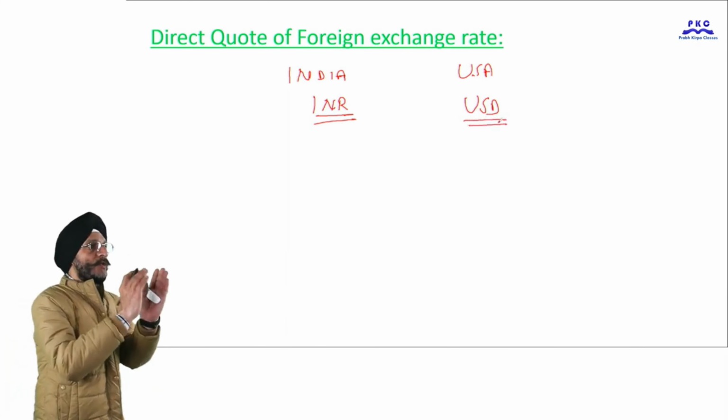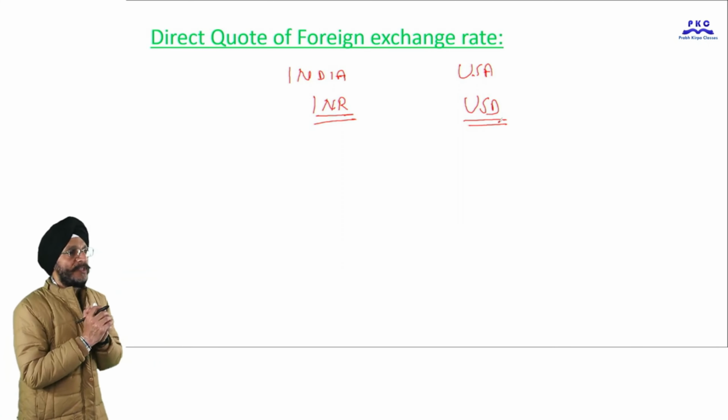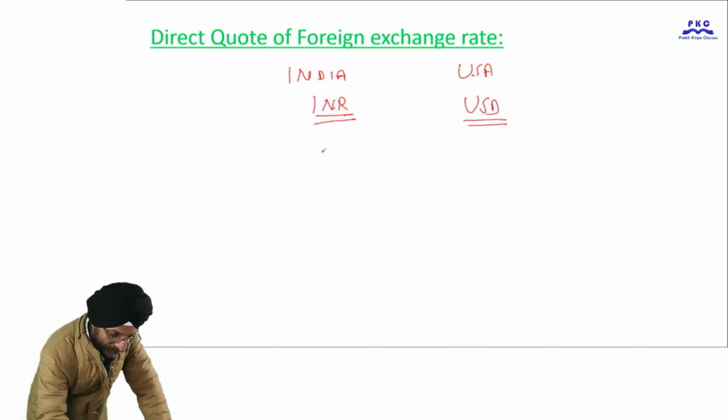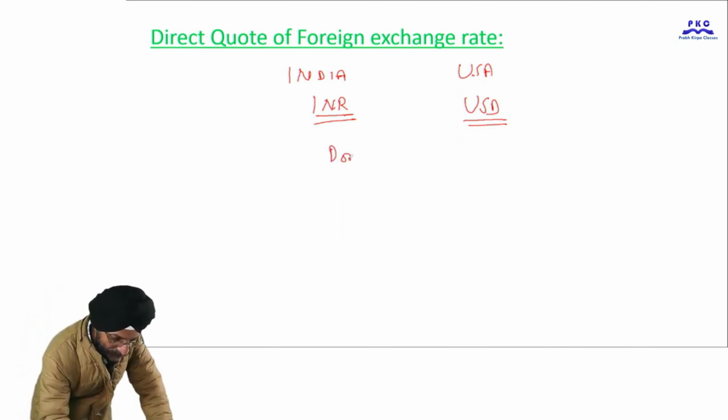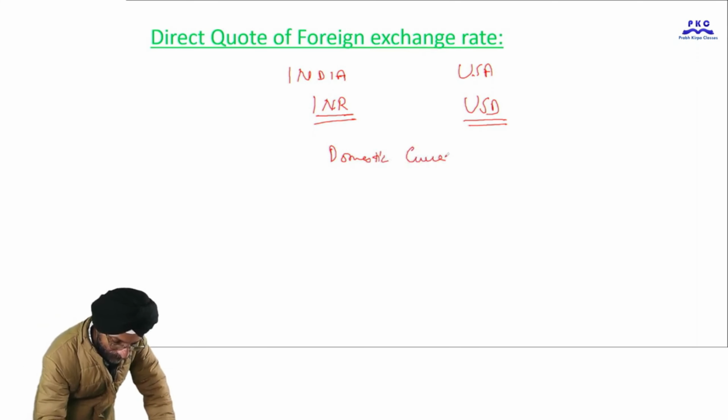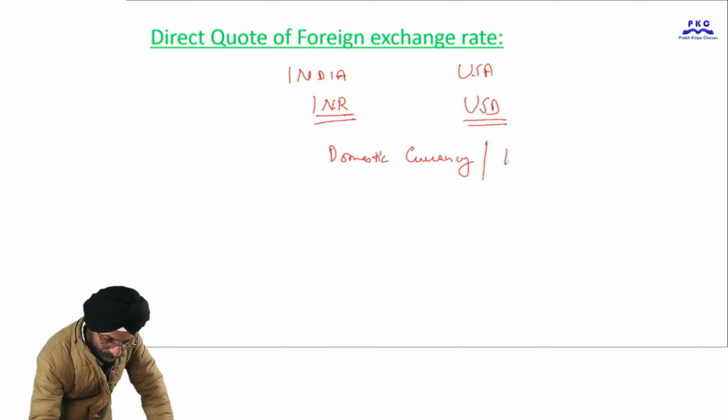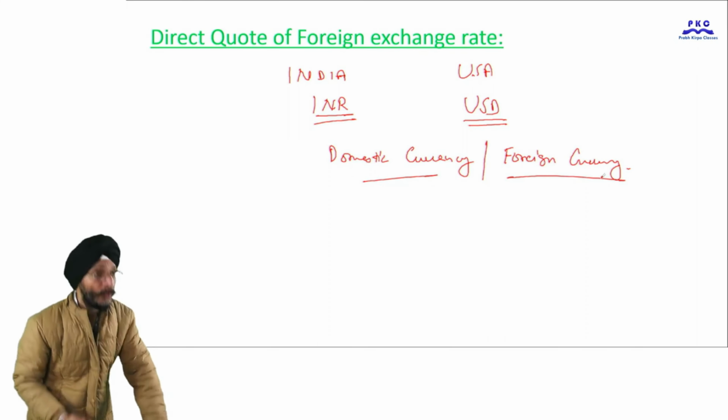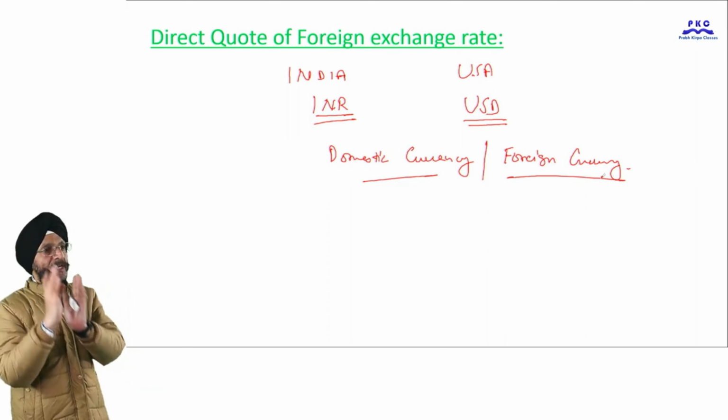In the case of a direct quote of the foreign exchange rate, the direct quote comes as domestic currency over foreign currency. Domestic currency divided by foreign currency.